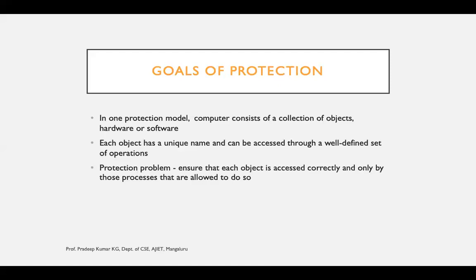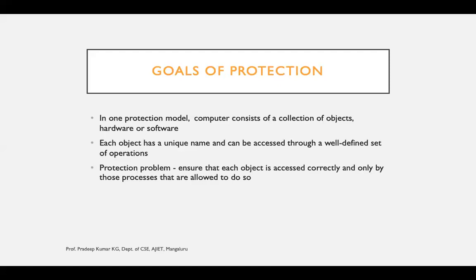On the other hand, take an example from a classroom situation. A student can access only the few materials that are shared with them. If a particular student tries to access material given to other students, or for another class, that is where protection comes into the picture. That will be the problem.